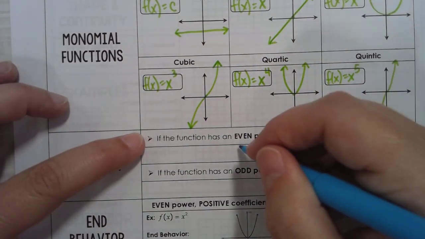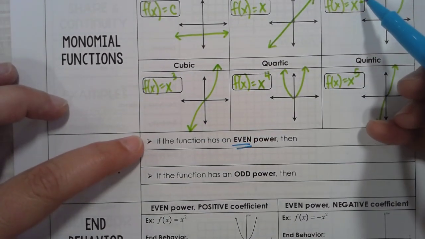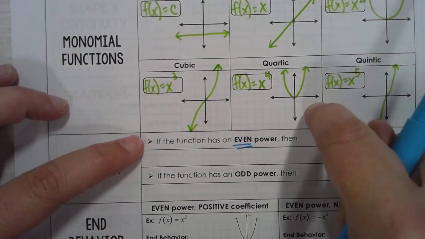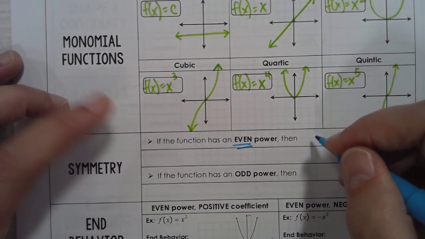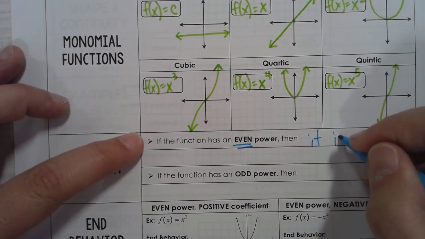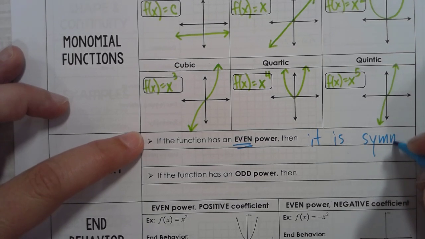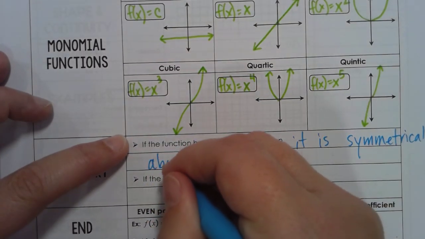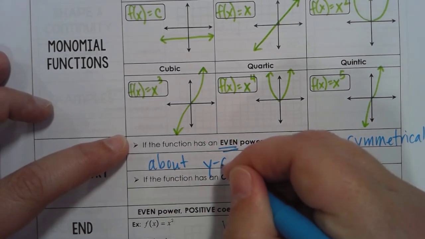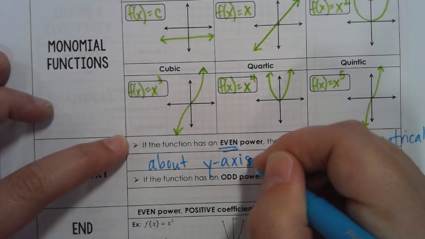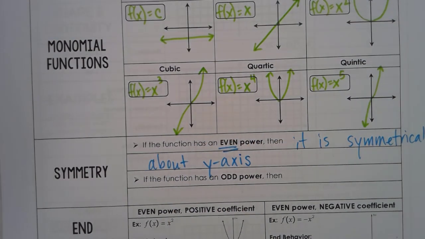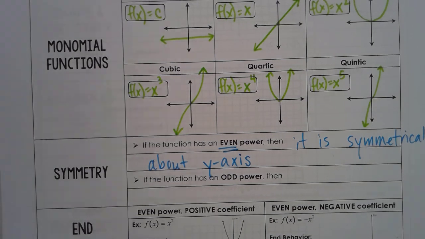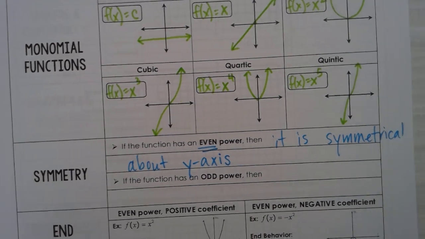So all of our parabola-shaped graphs are symmetrical about the y-axis. So even has symmetry along the y-axis going from side to side.